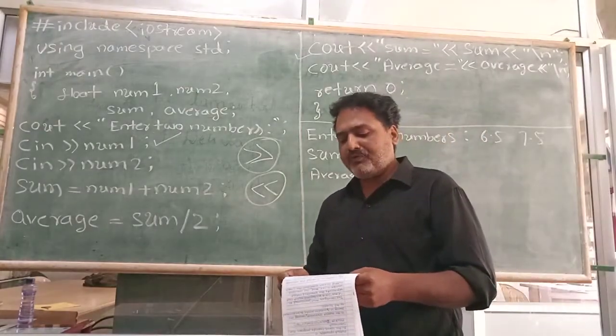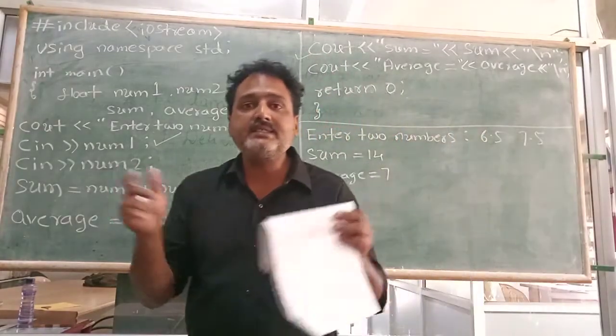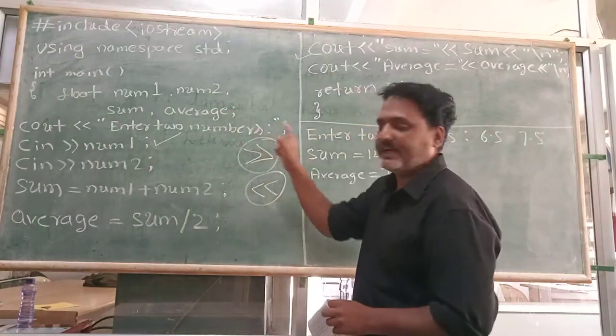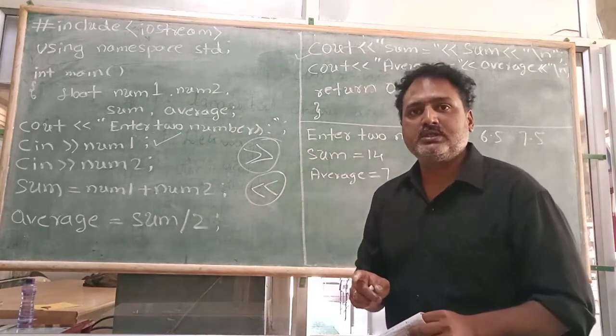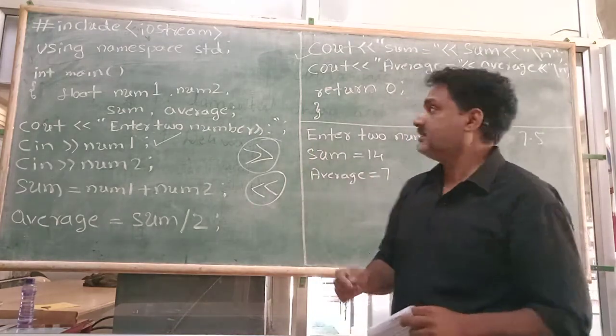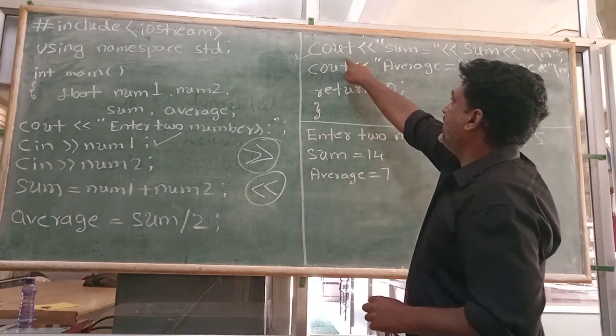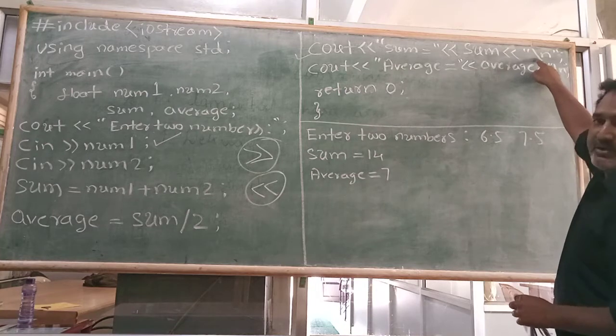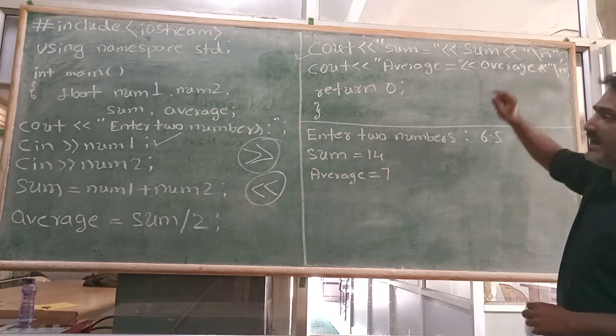Next, cascading of IO operators. Cascading of IO operators means in a single statement we can use multiple angular brackets. See this statement, cout sum is equal to sum, and here we have also written \n to get a new line.